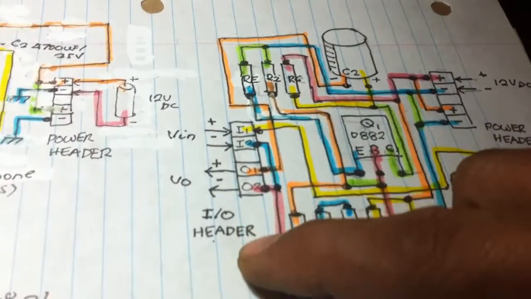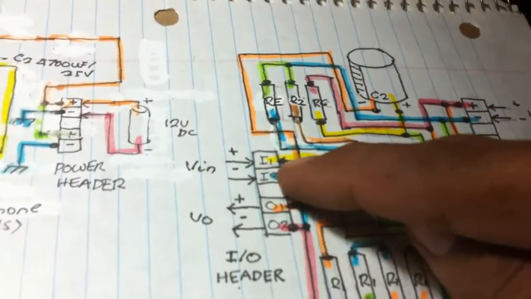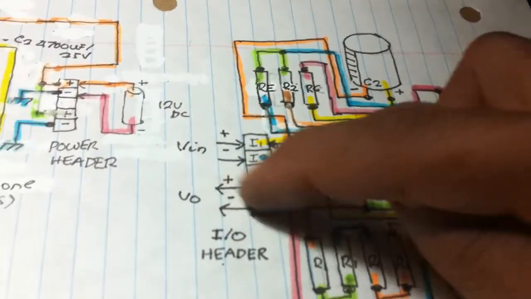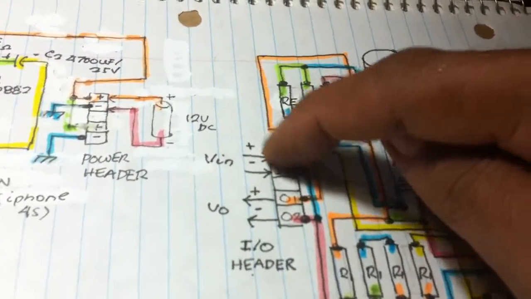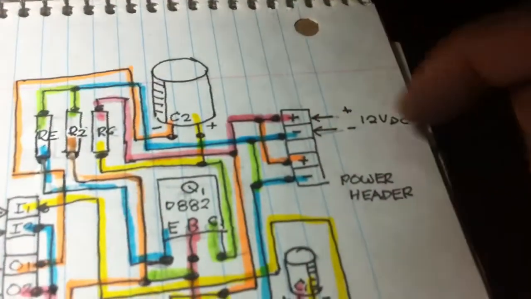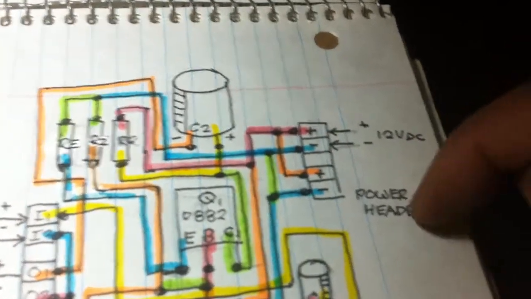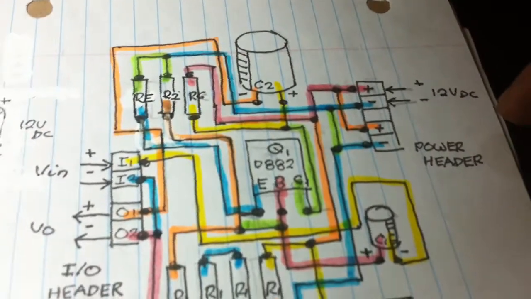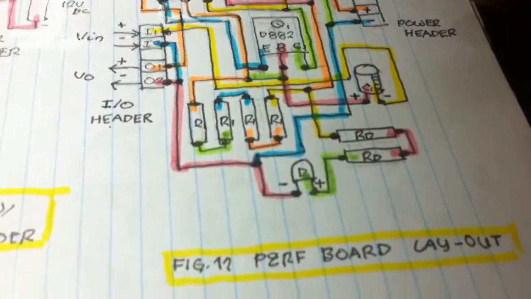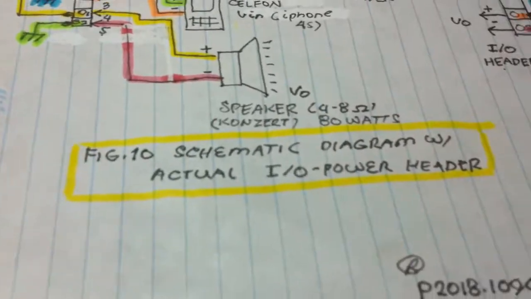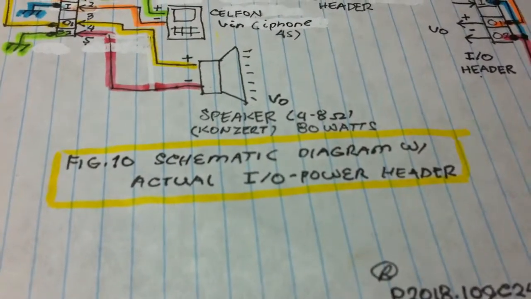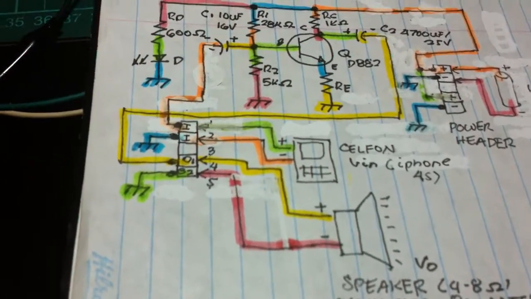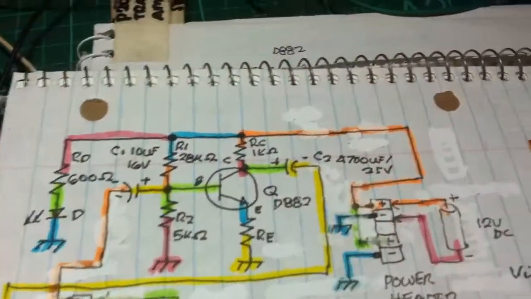You see this I/O header, input output, voltage in goes to the different pins, voltage out, the speaker, cell phone, and then the power supply 12 volts power header. This is the Perfboard Layout. And this is the schematic diagram with actual input output power header. That is the connection of the output input.